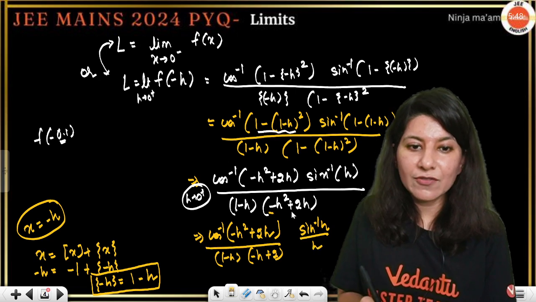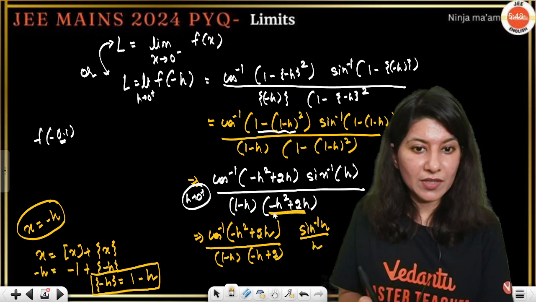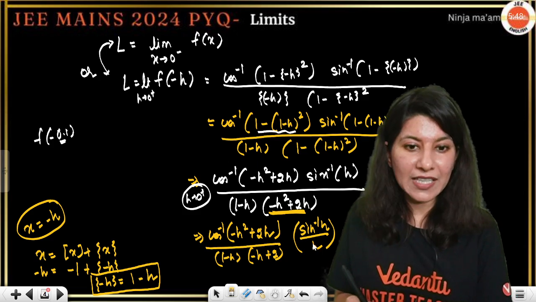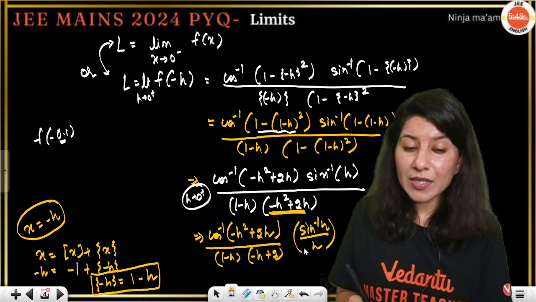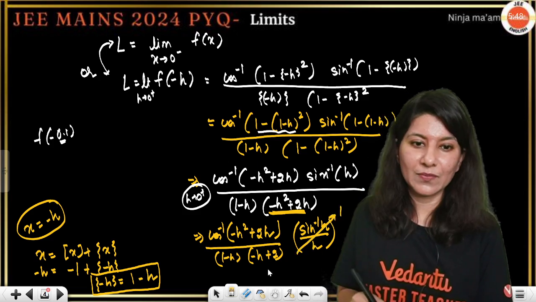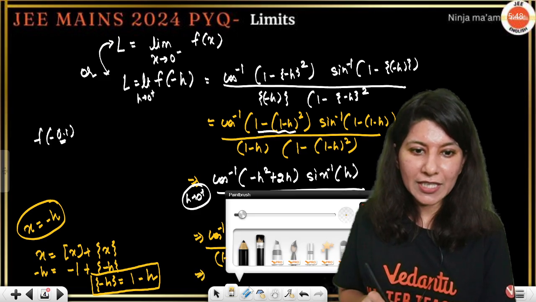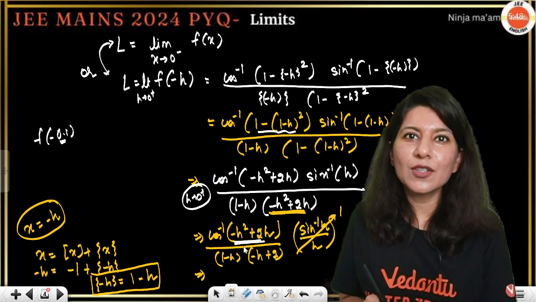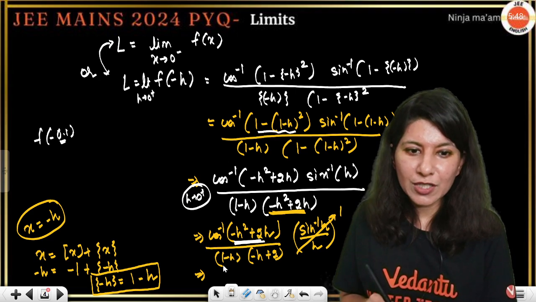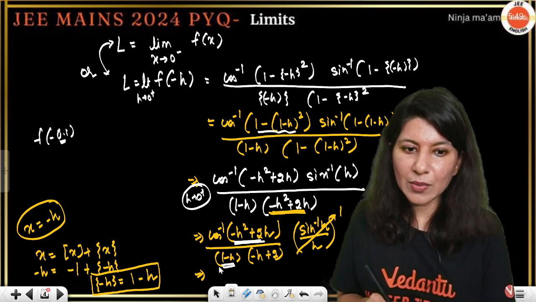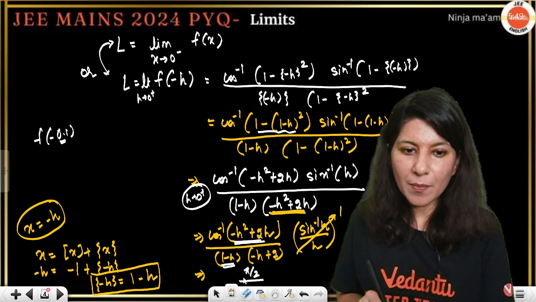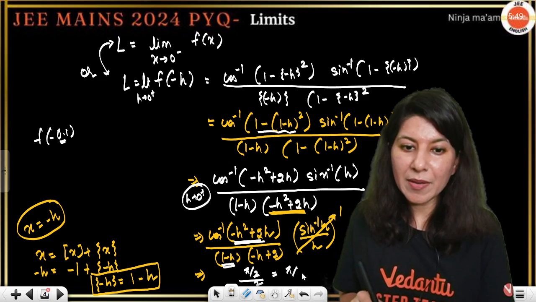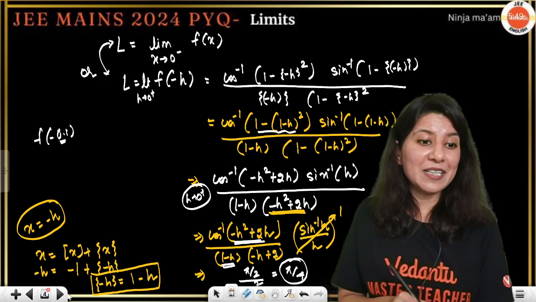What I did is I took h common from this denominator and placed it in the denominator of sine inverse h, because sine inverse h by h is 1. Now put h equals 0 here. Cos inverse 0 is what? Pi by 2. If you put 0 here, it will be 1. Pi by 2 upon 1 and then 2, so this is pi by 2 by 2. Pi by 4 is your left hand limit.